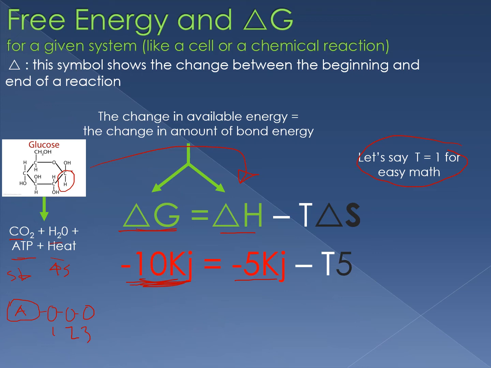And if I just made up a number and said there's less 5 kilojoules of bond energy, then that would mean that the change in entropy would have to be 5 to make this equation work, because negative 5 minus 5 is negative 10, especially since temperature is 1, like I said.